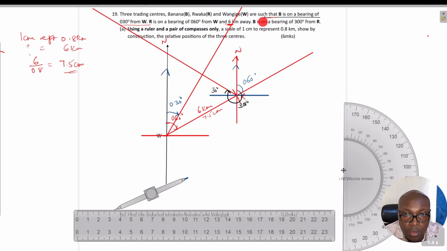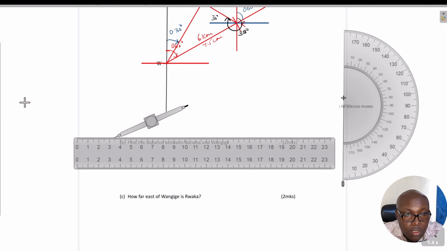And then the same B is on a bearing of 300 from R. 300 from R is here. So B is located at the point of intersection of these lines. This is exactly where we should have B. Now, having indicated all these positions, everything is okay. We can proceed to the questions.